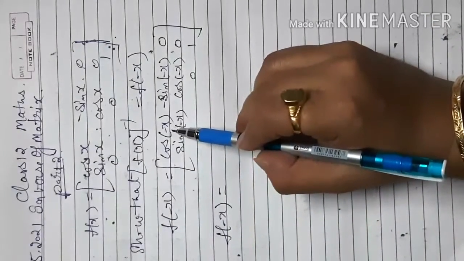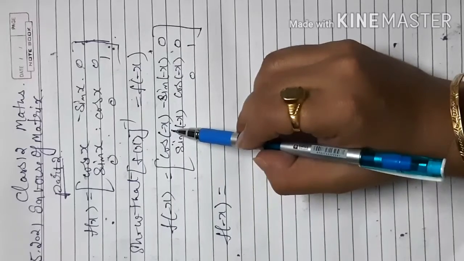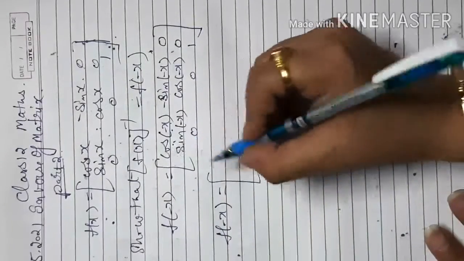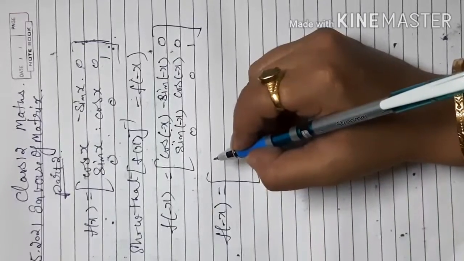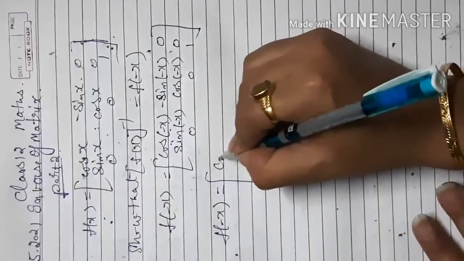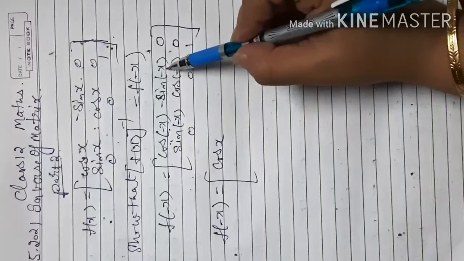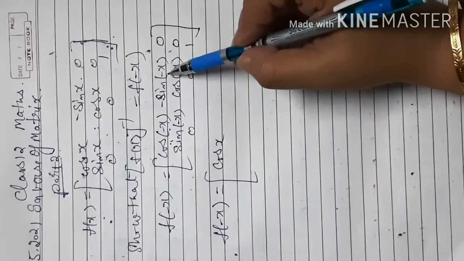Now if we write further, here it is cos(-x). Cos(-x) means 360 degrees minus x, so that lies in the fourth quadrant, and in the fourth quadrant cos is positive. So if any angle is negative with cos, according to our trigonometry rules it lies in the fourth quadrant, so that will be my cos x. But here sin(-x) also lies in the fourth quadrant, where sin is negative.